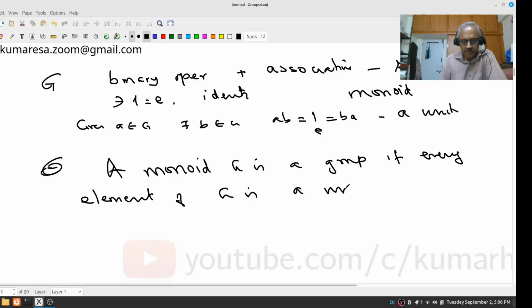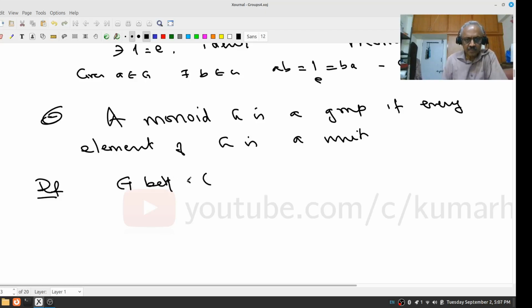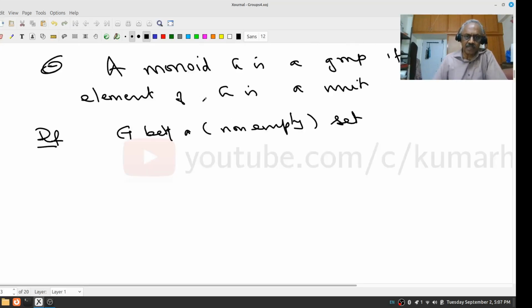So the standard definition will be: let G be a set. Usually they will say non-empty, because your teacher may not like it if you don't write non-empty, but that's superfluous because we are going to say there is an element called identity.